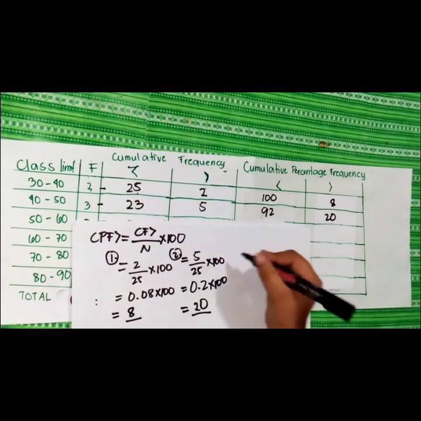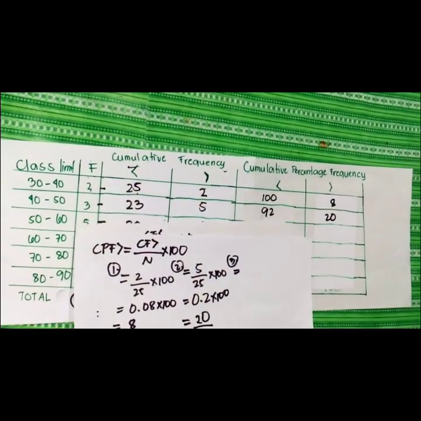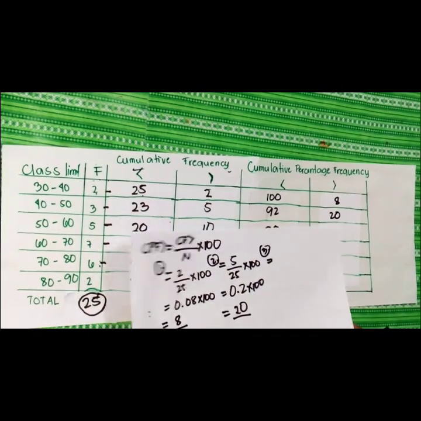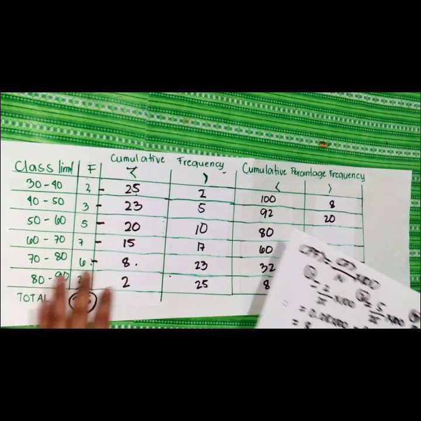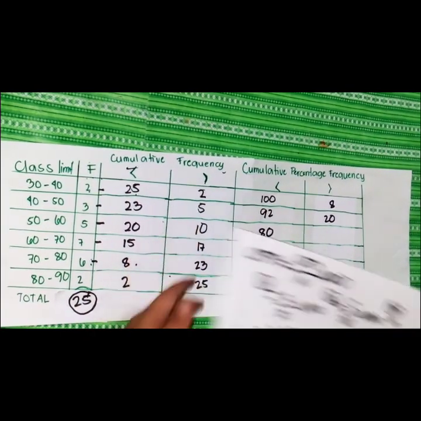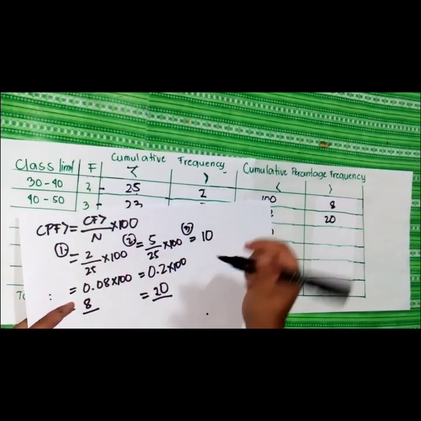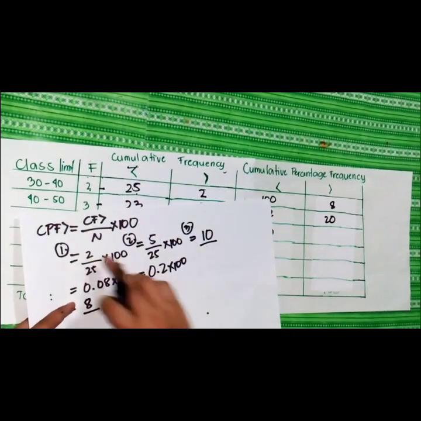So another example in the third row. So in the third row, we have a number of 10. So we will write 10 here. So because this is our formula, the given formula.